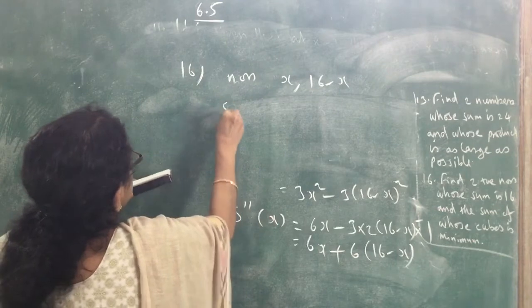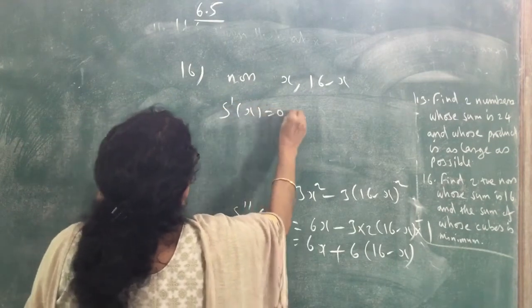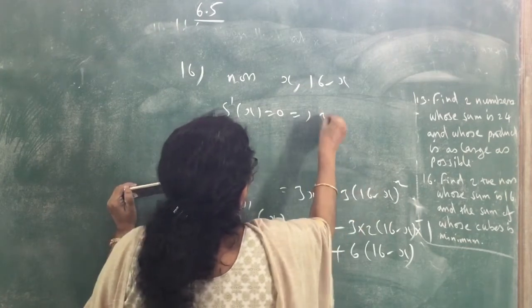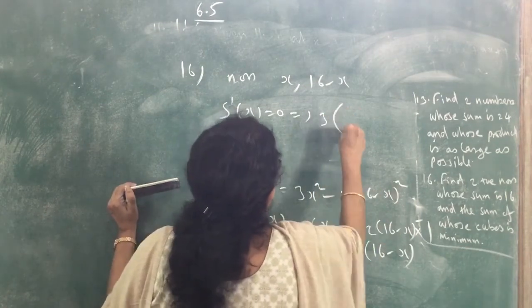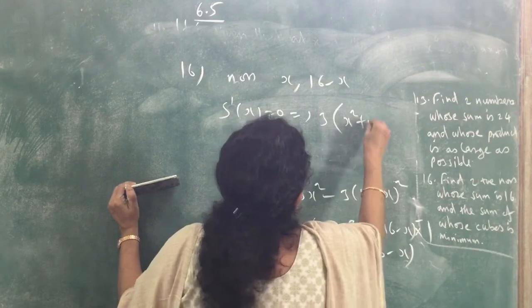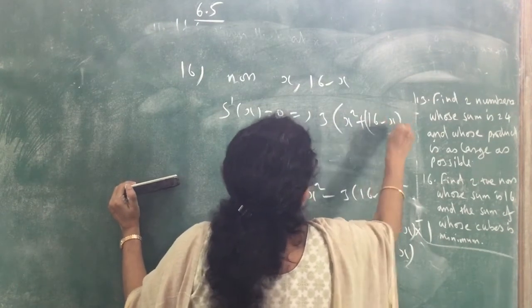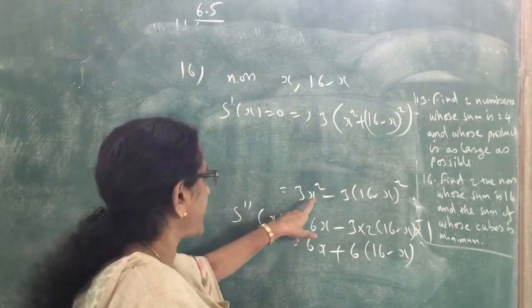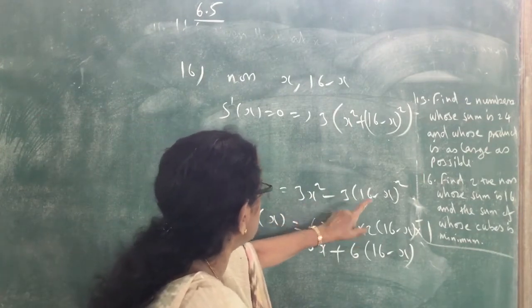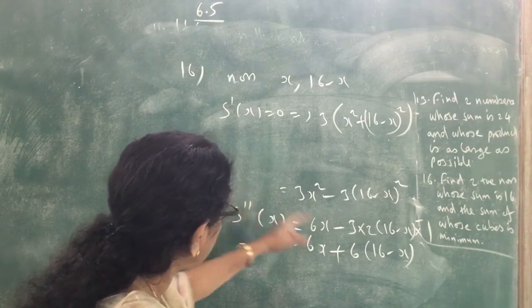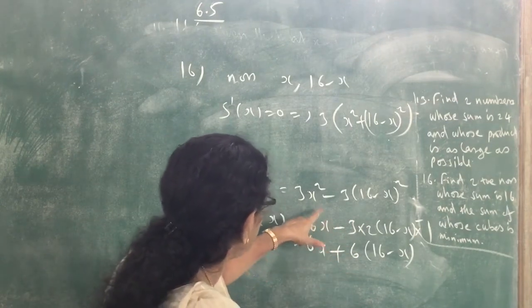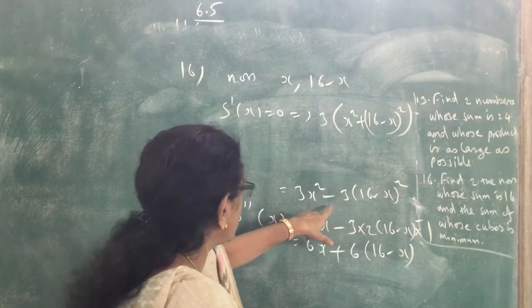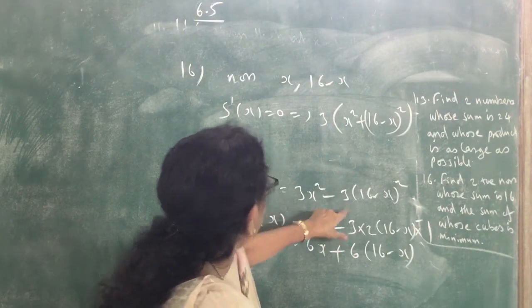Then s dash x equal to 0 implies, this is the s dash x, that is 3 into x square minus 3 into (16 minus x) whole square, where 3 is common.